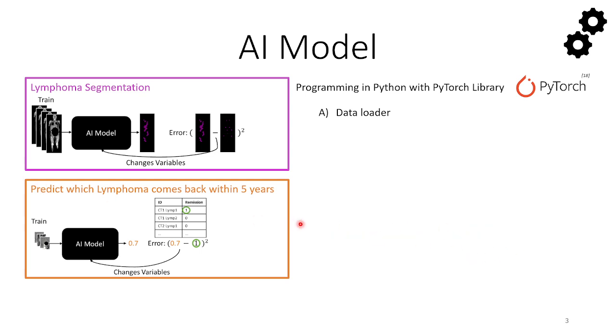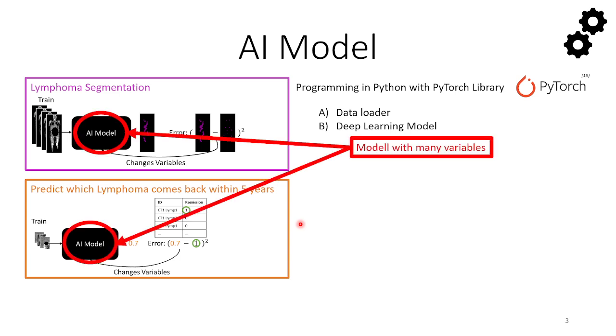And then the next thing we need is a deep learning model. So those are those models here. The AI model, the model with many variables, where the variables get changed and in the end set perfectly during the training.